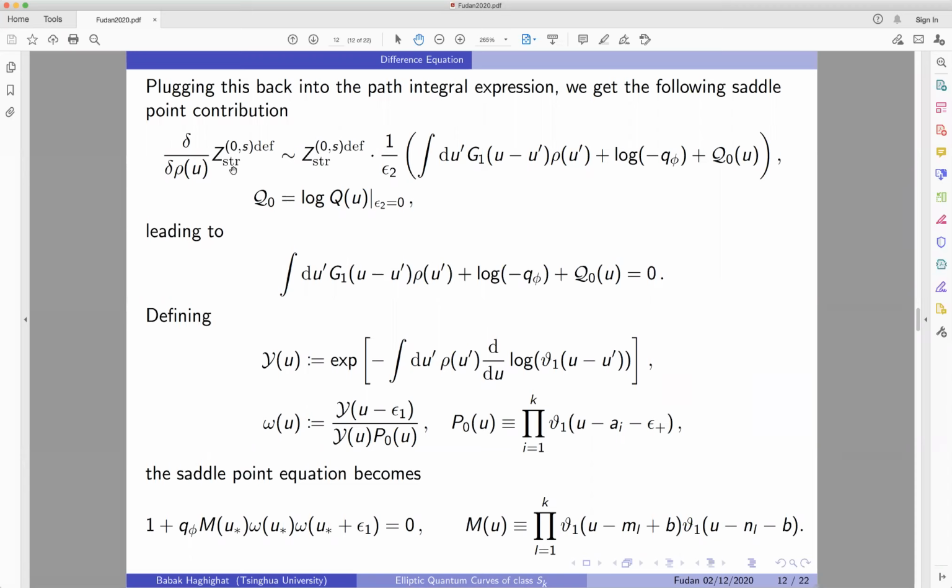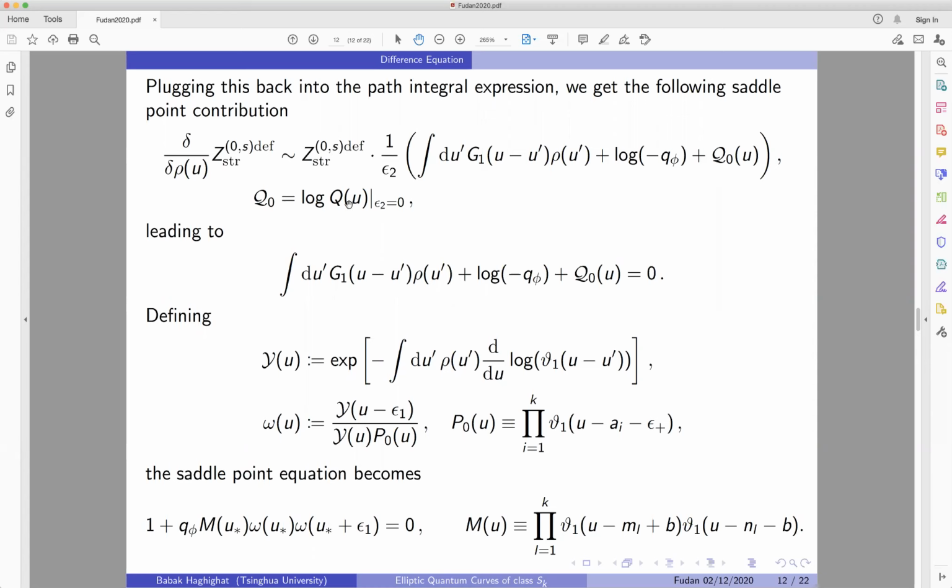So you have the full defect partition function in terms of the path integral, and we want to compute the saddle point. So we do variation with respect to these eigenvalue densities. Then we have the same thing times 1 over epsilon 2 times this piece, which comes down from the exponential. We have a 1 over epsilon 2 because that's how the saddle point arises.